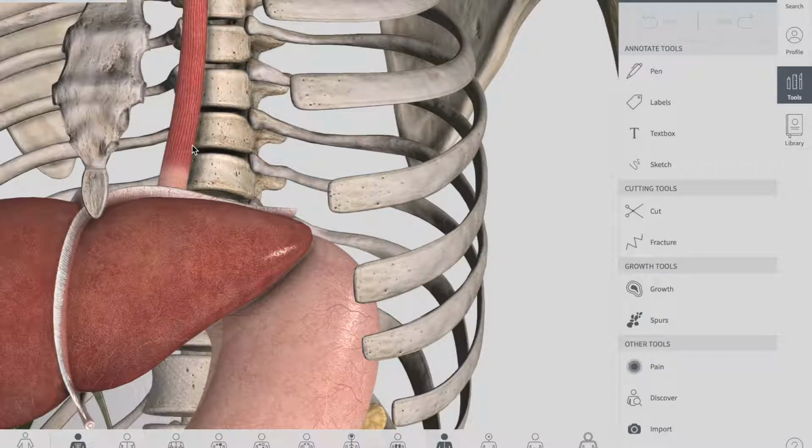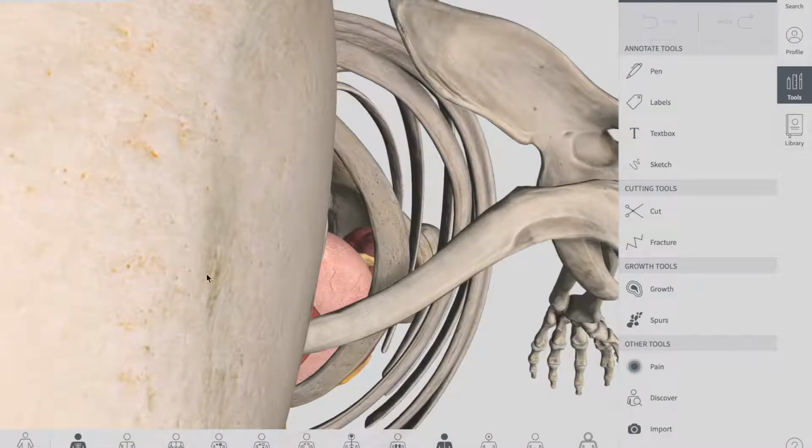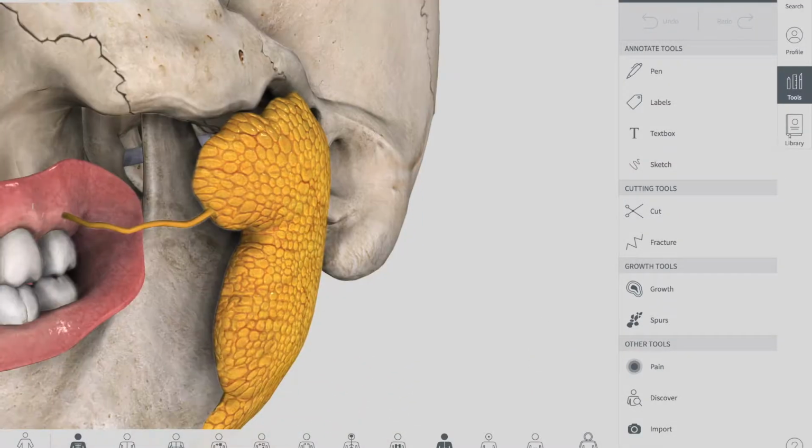The abdominal portion of your esophagus is about 1.25 centimeters long, which is very short compared to the full 25 centimeters of the esophagus. It terminates by joining the cardiac orifice of the stomach at the level of T11.